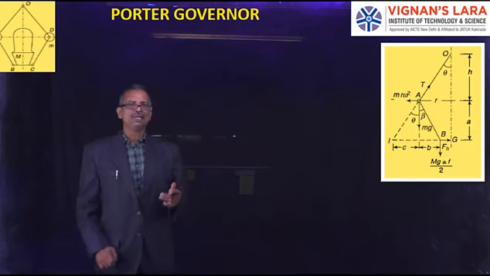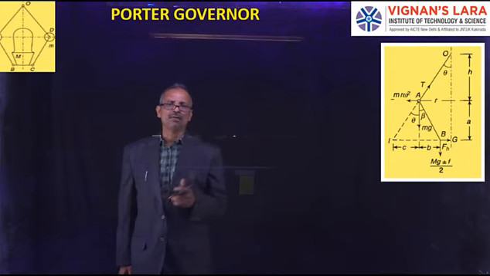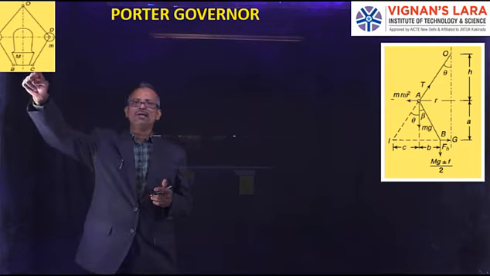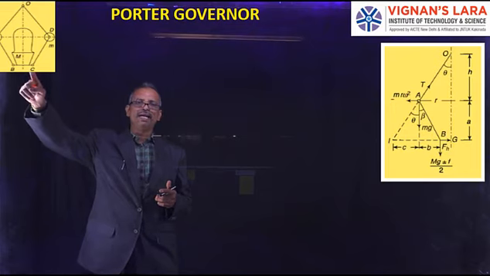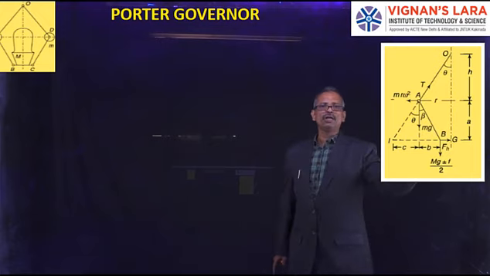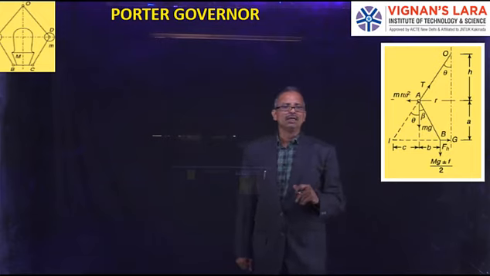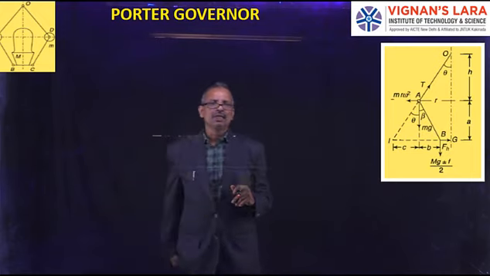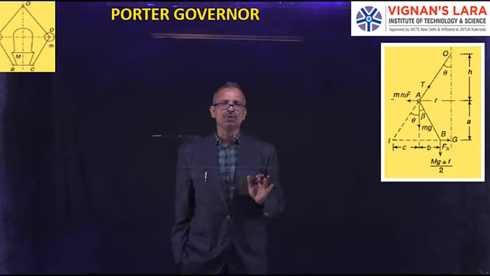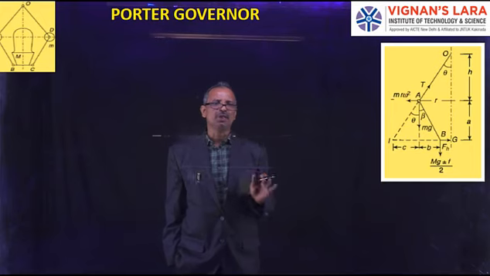So let us see the analysis of the Porter governor. I have shown on the right side the governor schematic diagram, and here the free body diagram of the governor. I need some terminology.